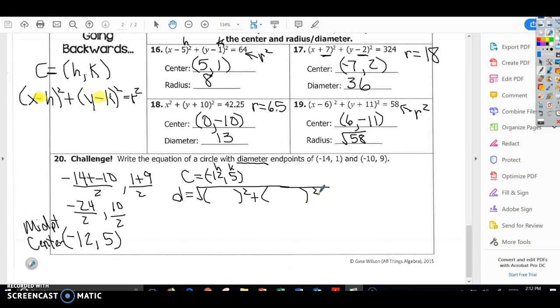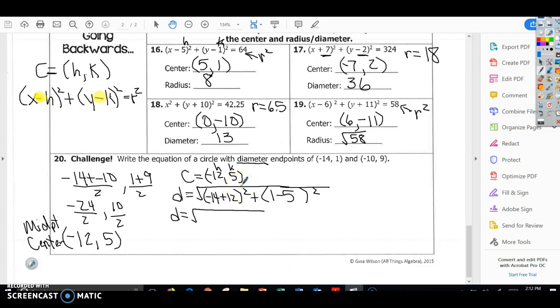Alright, so for the distance formula, we're going to take the difference of our x's, using one of the endpoints and the center. Let's just use negative 14 and negative 12. So I've got minus negative 12, which makes that a plus 12. And then I'm going to have 1 minus 5. Negative 14 plus 12 is negative 2.